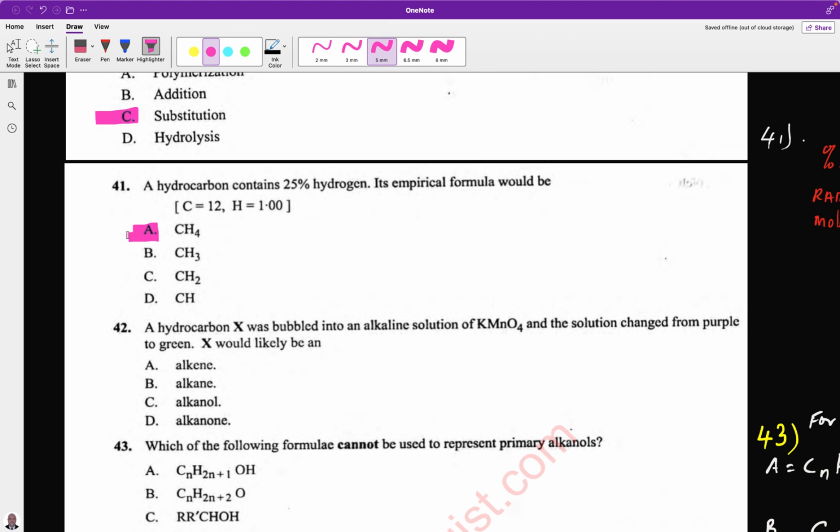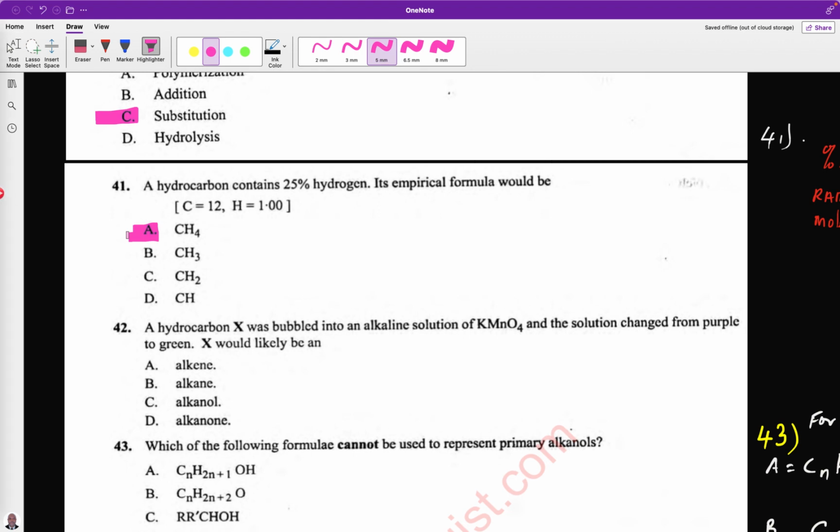Number 42. A hydrocarbon X was bubbled into an alkaline solution of potassium manganate(VII), and the solution changed from purple to green.